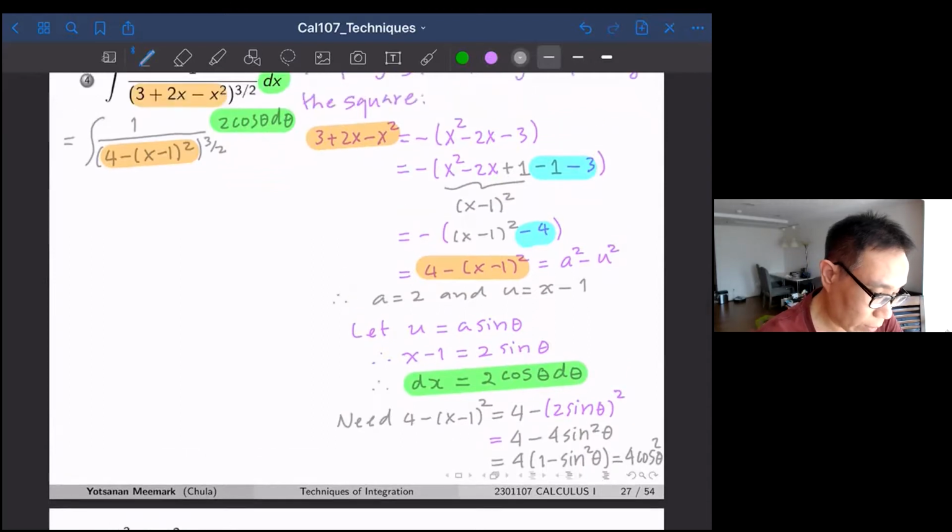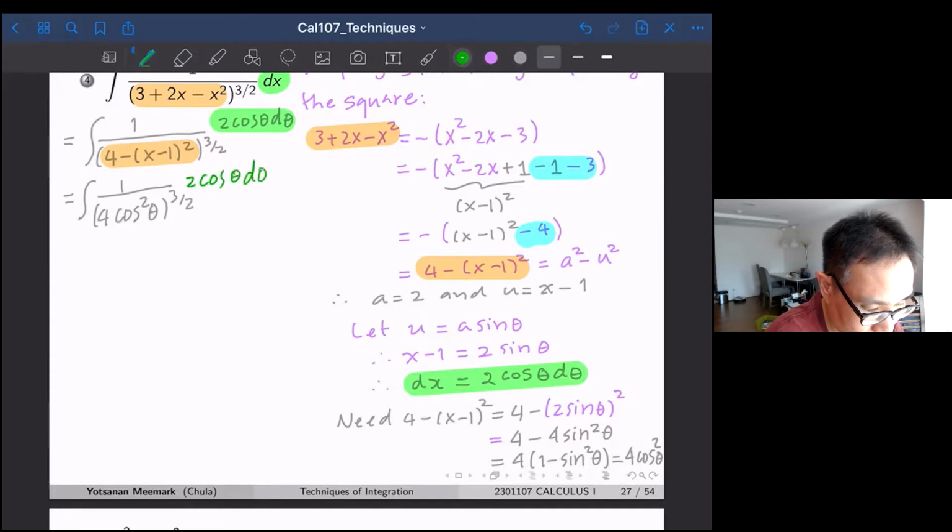So you would get the integral of 1 over (4 cos squared theta) to the 3 halves, times 2 cos theta d theta for the green term.